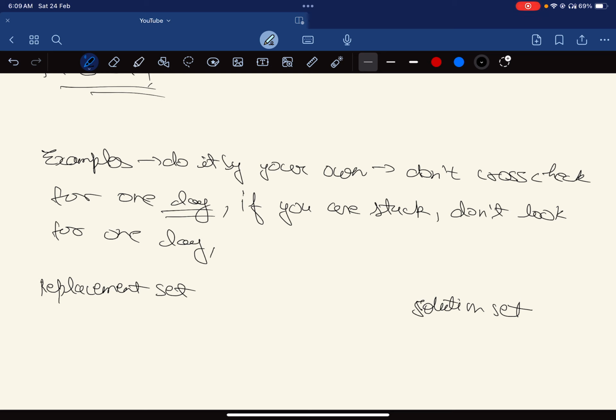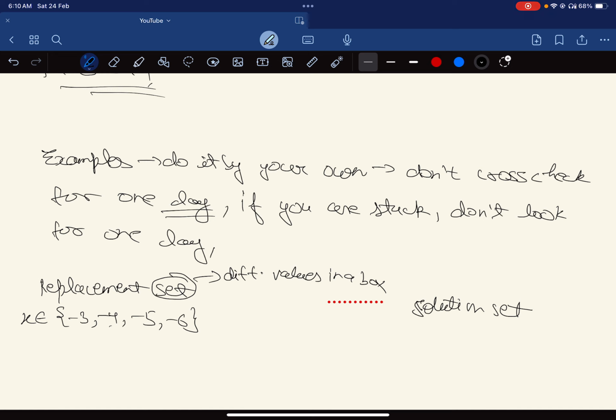For example, they'll give you a set like this: -3, -4, -5, -6. Don't be intimidated by this word set. It just means different values in a box. As you can see, -3, -4, -5, -6, none of them are repeated. These are different values in a box.